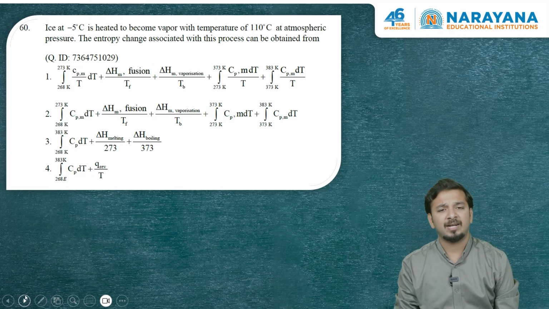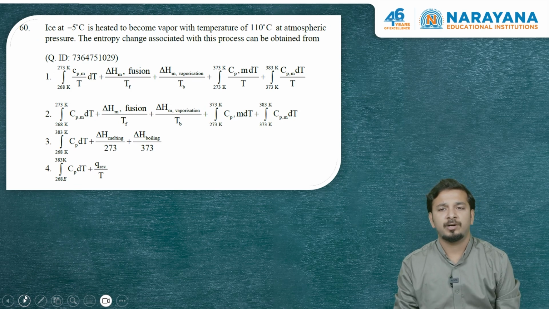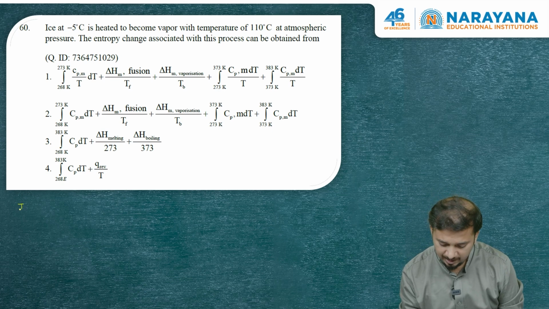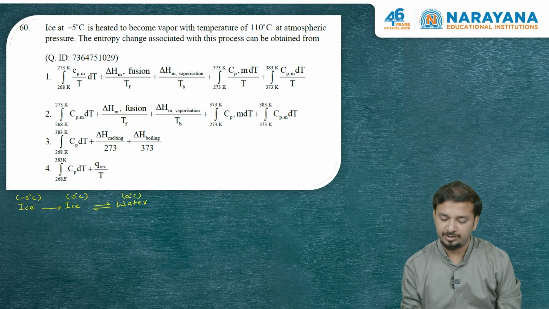The question is ice at minus 5 degrees centigrade is heated to become vapor with a temperature of 110 degrees centigrade at atmospheric pressure. The entropy change associated with this process can be obtained from which expression. So we can write like this: ice is present at minus 5 degrees centigrade. First we'll increase the temperature of ice to 0 degrees centigrade. Then ice and liquid water will be in equilibrium at 0 degrees centigrade, so there is a change of phase.